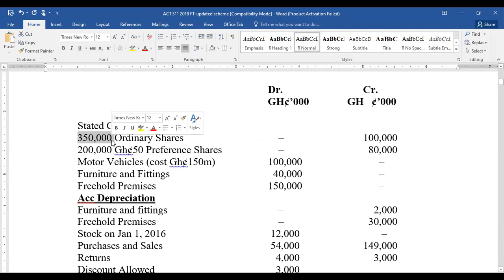Multiply it and see how much you are getting. 280 million. And you put it there as proposed dividend, 28,000.